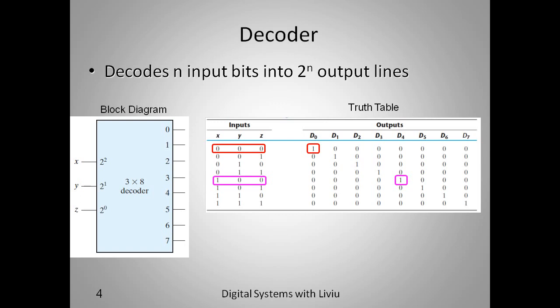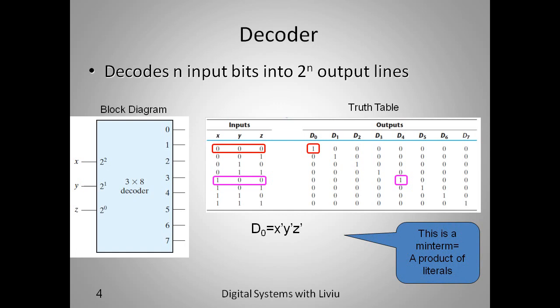If we try to figure out the equations, this will be in this format. D0 is x bar, y bar, z bar, which reflects the minterm M0. D1 is x bar, y bar, z, denoting the minterm M1.